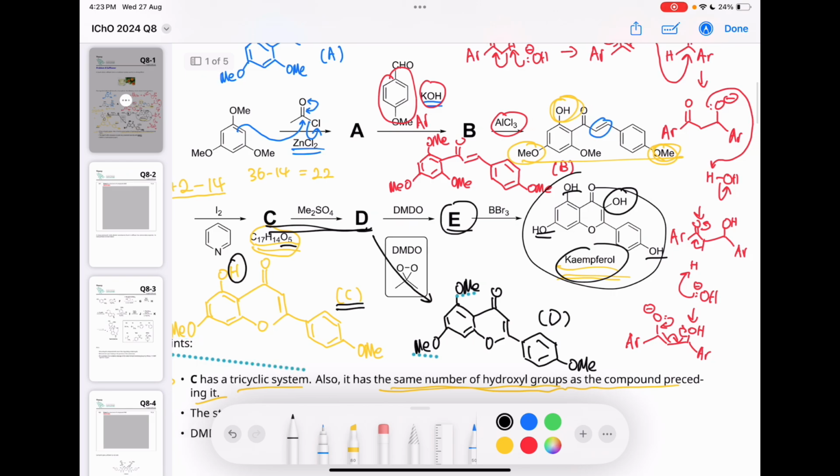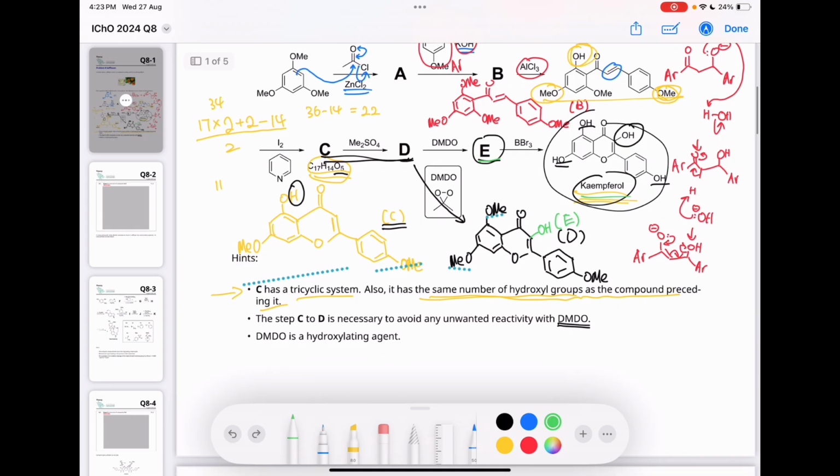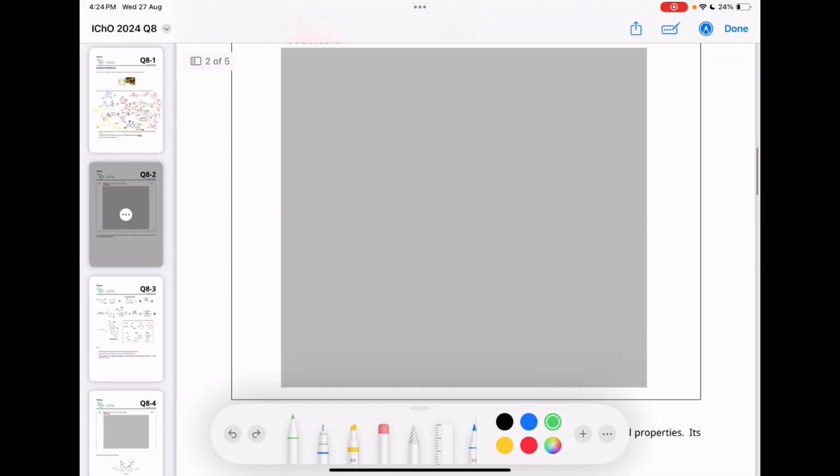Now, we know that from D to E, an additional OH group is added. That's all. Then from E to this, all the OMe groups get deprotected. So that will give us our solution for part 8.1.